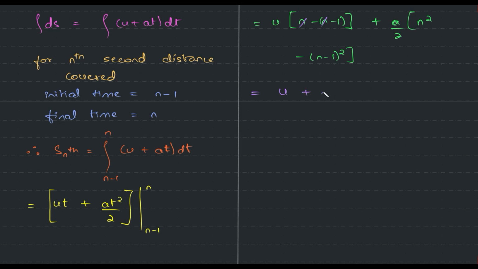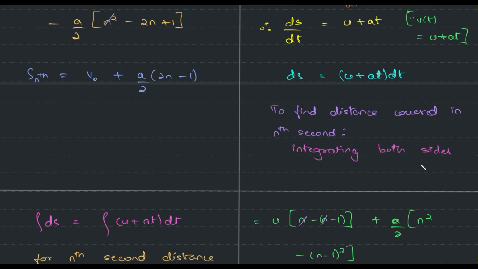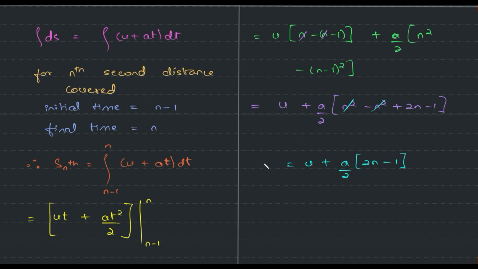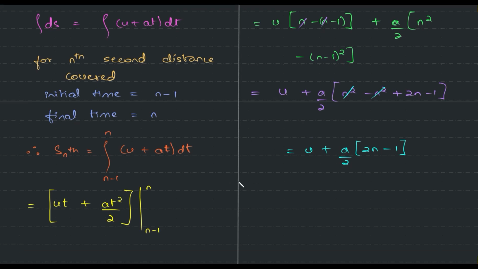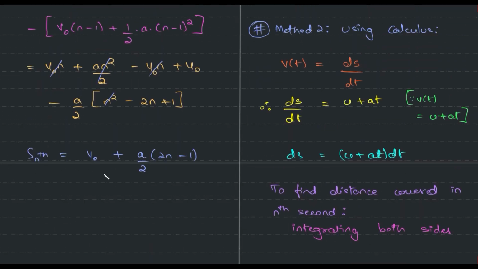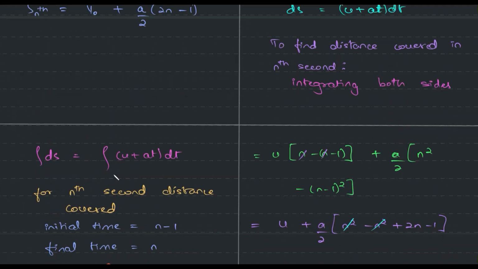Plus a by 2, when you expand this, you have n square minus n square plus 2n minus 1. So this and this will get cancelled. So we have u plus a by 2 times 2n minus 1. Is this the same expression? Yes, we have the same expression. In place of u, you can substitute v0. That's the only thing I thought I should change, but you guys can do that. So instead of v0, you can write it as u. That's it. We have the same answer.